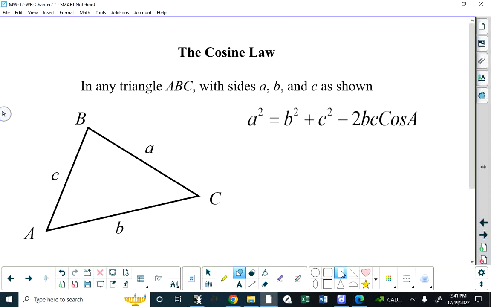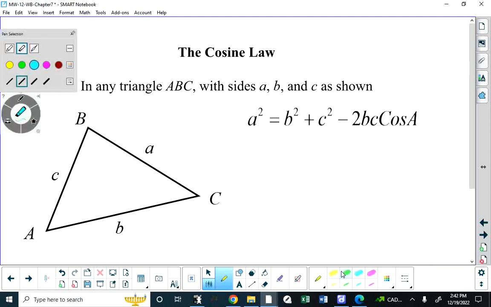Now, I want you to focus up here, please. I don't want you working on any problems right now. If you take a look at how this formula is arranged, it is rearranged with a side squared on one side of the equation. And this is the side we're trying to find with this formula.